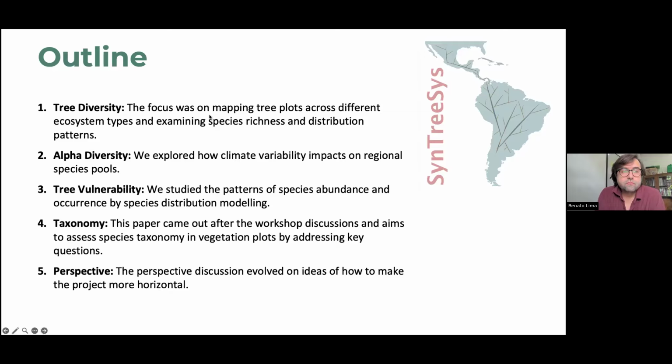And we have two more or less opinion papers that emerged from all the work we had trying to work together and combine all this information. We have one paper about some simple rules on how to manage taxonomy and ecological data sets, and another perspective paper on how to work on meta networks as we did in SynTreeSys. We're going to present one by one now. Next one, please, Jerome.